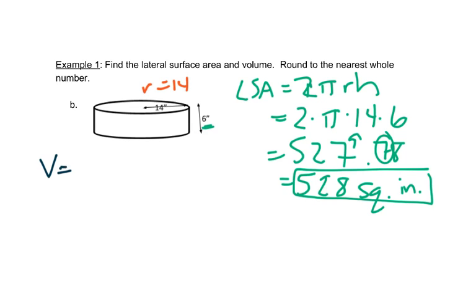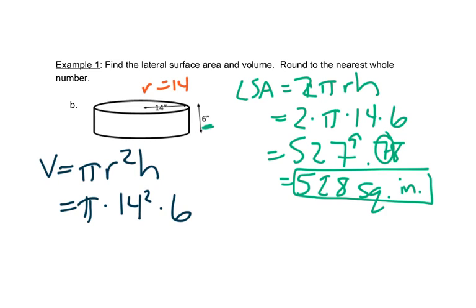The volume is pi r squared h. So we'd have pi times 14 squared times 6. And that gives us 3694.51.